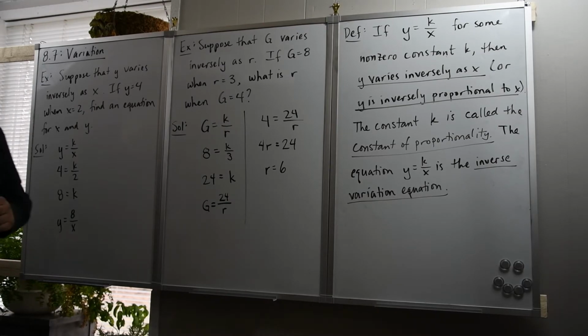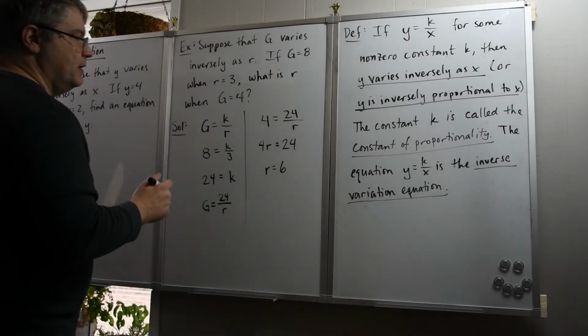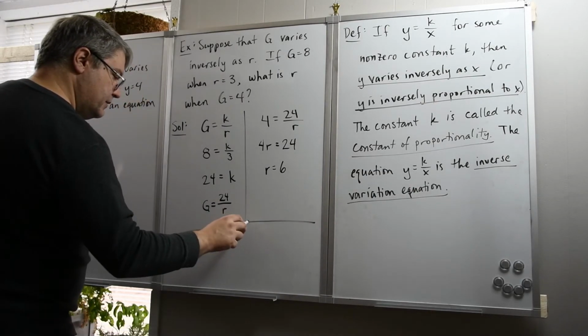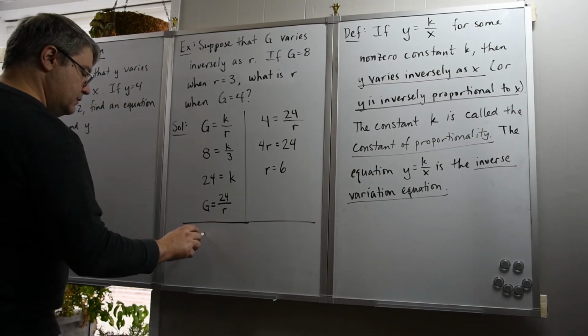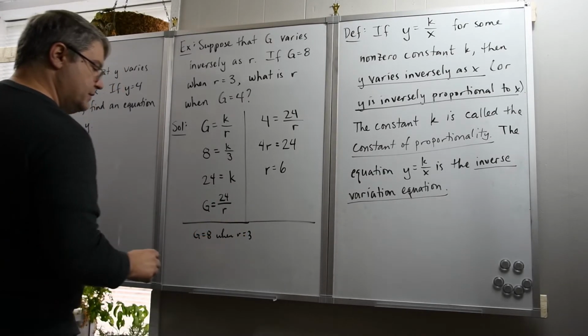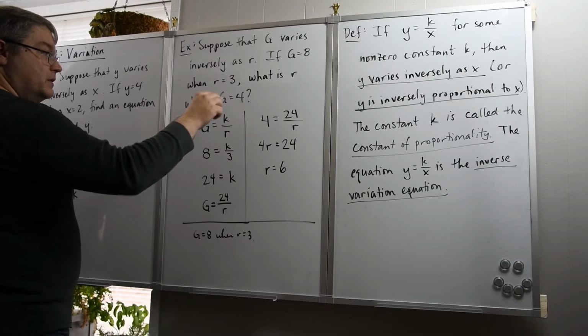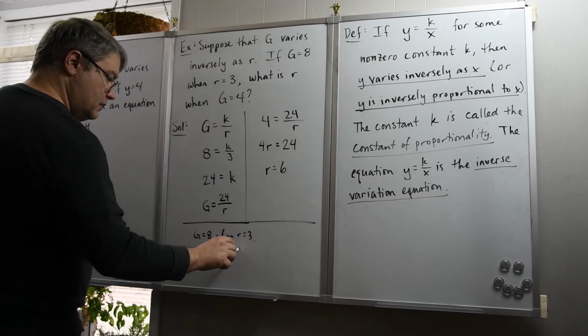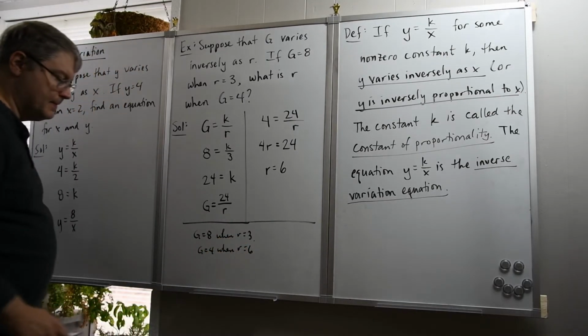All right. So one thing to keep in mind, though, is that we had G equals 8 when R was equal to 3. So let's make a little bit of a note here. G equals 8 when R is equal to 3. But we also had G equals 4 when R is equal to 6.